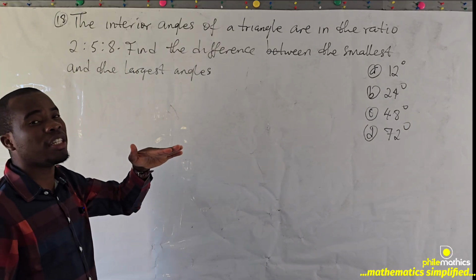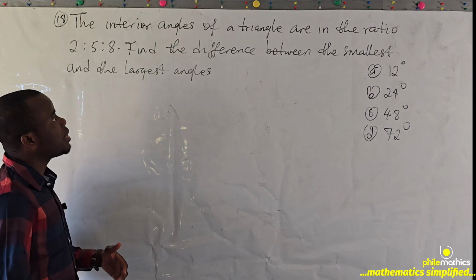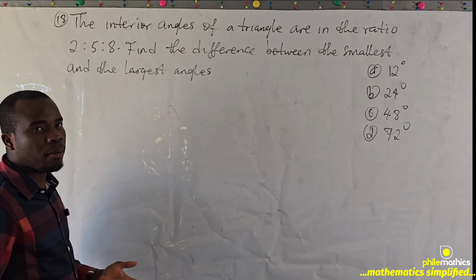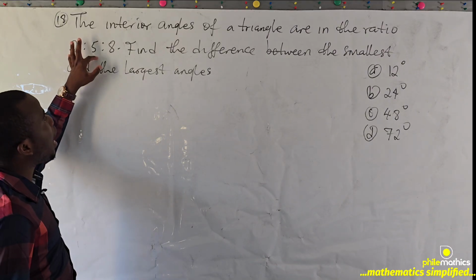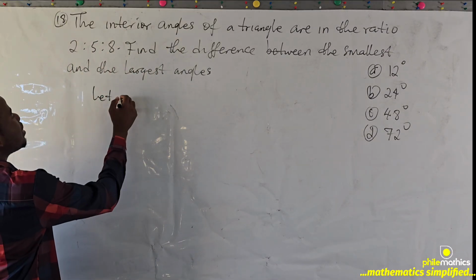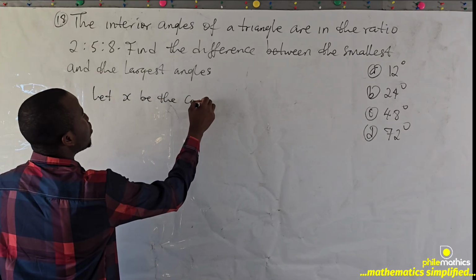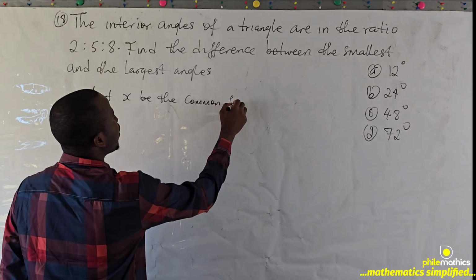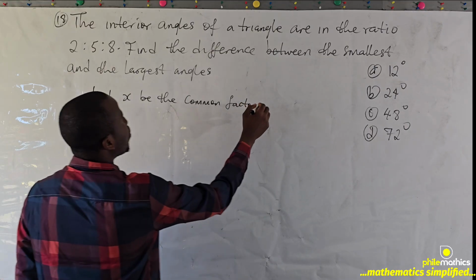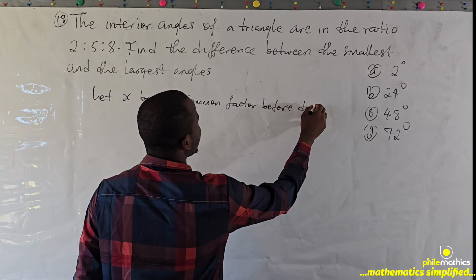So you cannot reduce it further. So let x be the common factor before division.